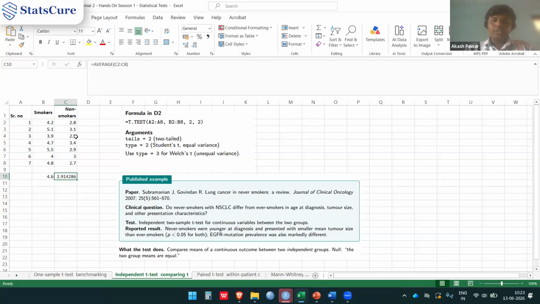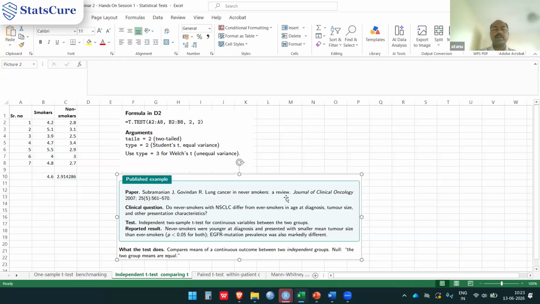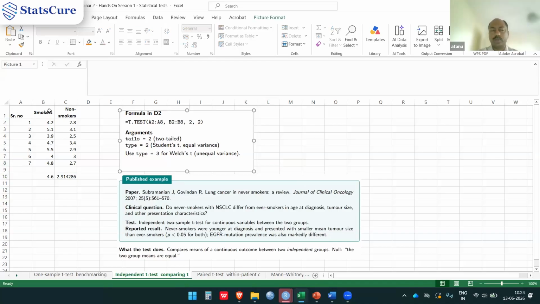And that we will show in the SPSS format that we have now. Before jumping to SPSS, there is a data structure issue, because we have two columns, smoker and non-smoker. Ideally, the column name should be HbA1c value, and it's not that smokers have the value; it's a group of smokers having HbA1c values. That is why Akash said this is not the correct way of capturing the data.